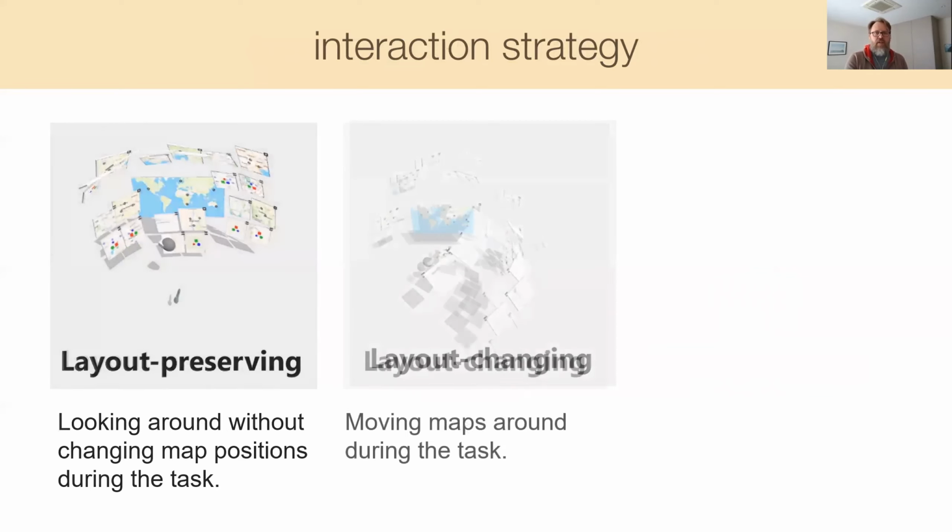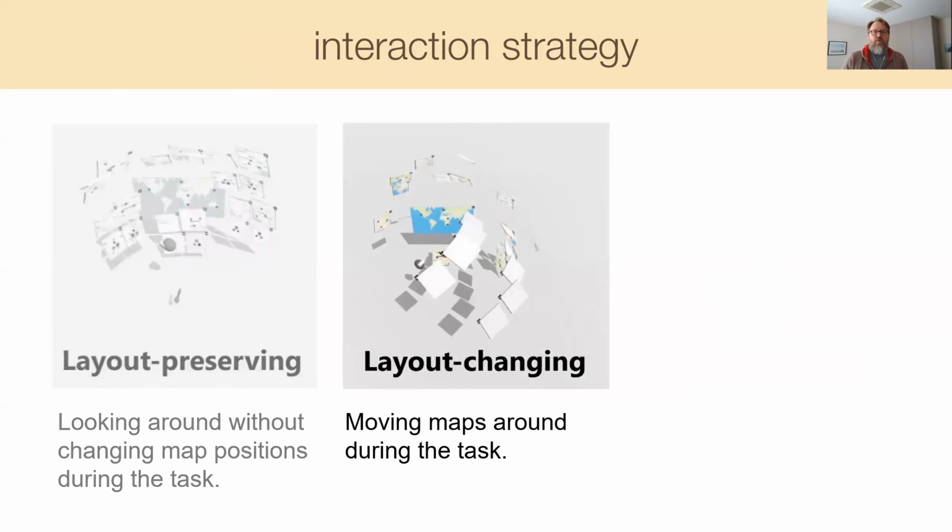But other people used the positioning of the maps as part of their task. This was part of the thought process. They'd make an initial layout, and as they were thinking through the task, they would move the maps around, and this physical manipulation of the maps became an integral part of the task, which I thought was really interesting.